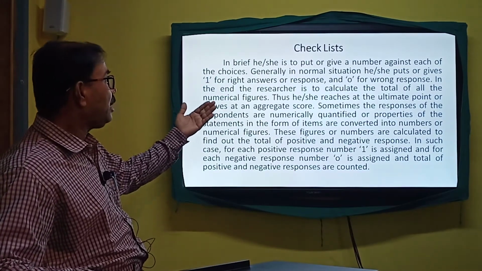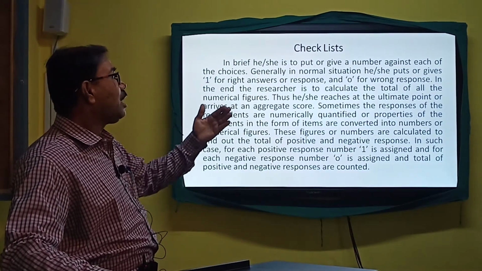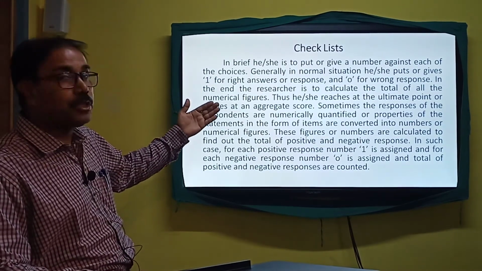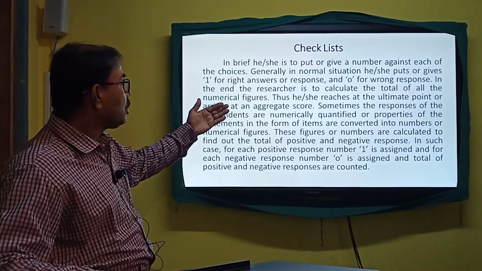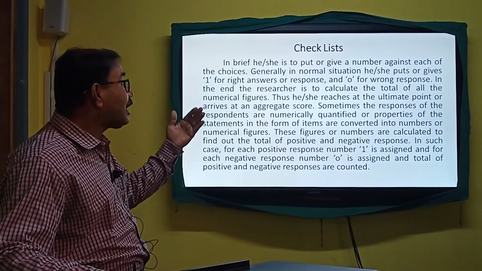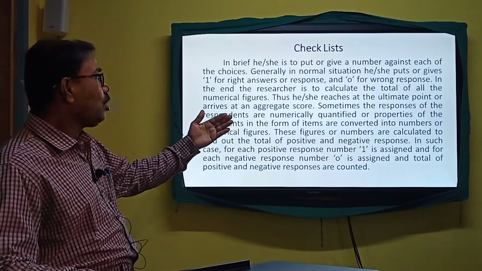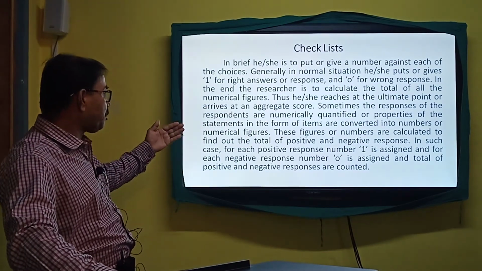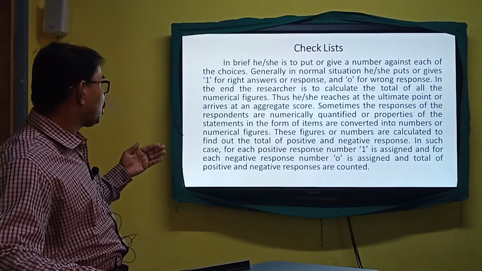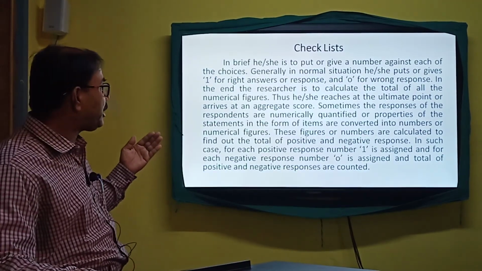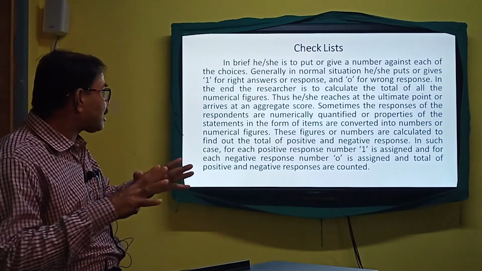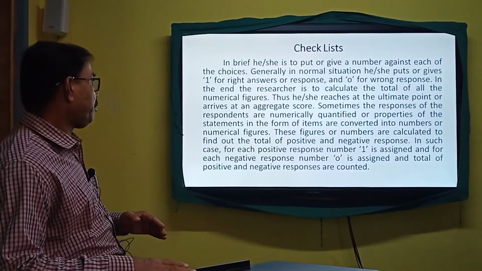This way, the researcher arrives at an aggregate score. Sometimes the responses of the respondents are numerically quantified, or the statements in the form of items are converted into numbers so that the results may be presented in an understandable manner.